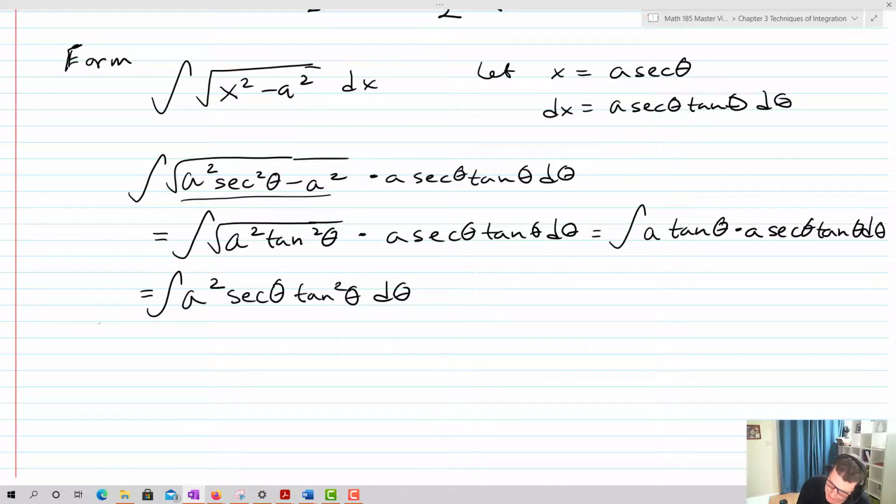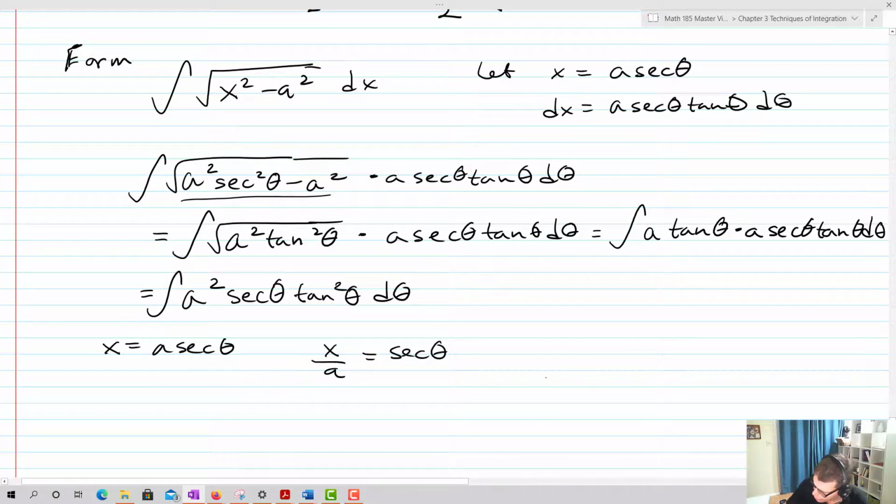Now, what we also want to get is that in this case, since x equals a secant theta, then x over a is going to equal secant theta. And then we could draw our triangle to find any other angles. What that triangle is going to look like is the hypotenuse is going to equal x, the adjacent is going to be a, and the opposite side is going to be the square root of x squared minus a squared, using the Pythagorean theorem.